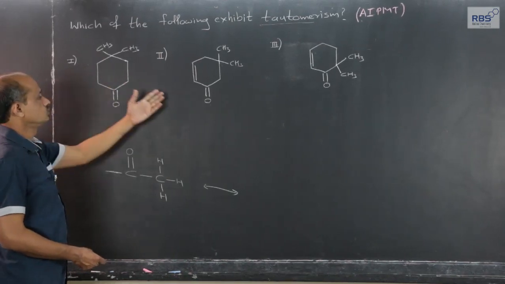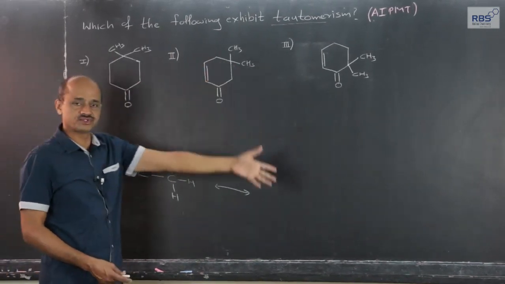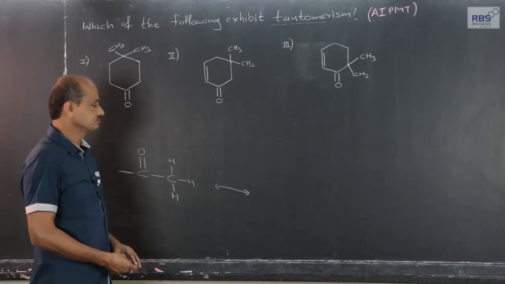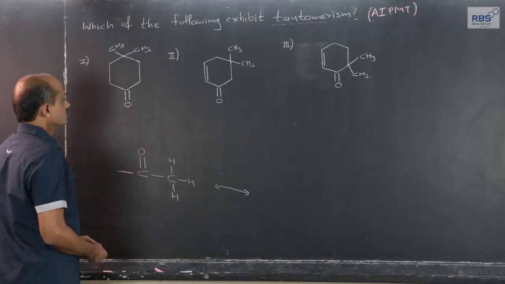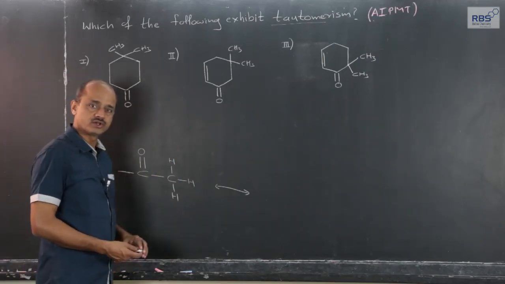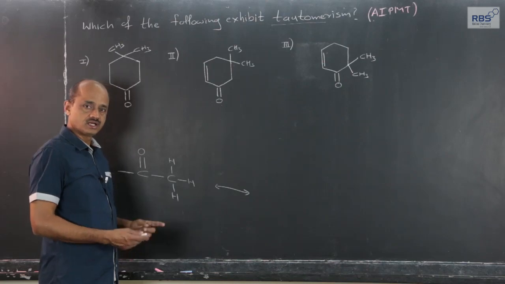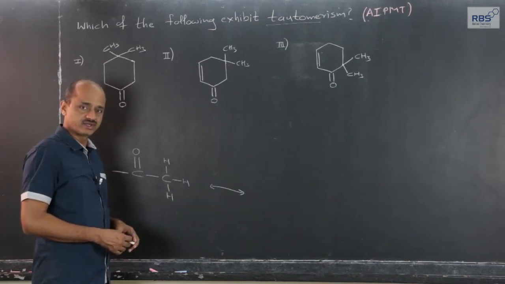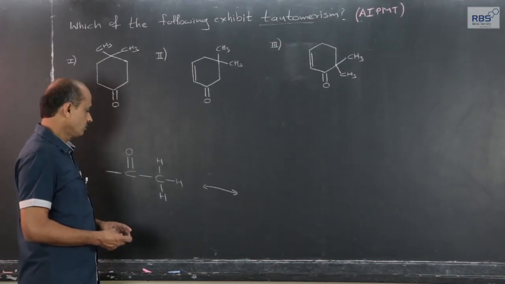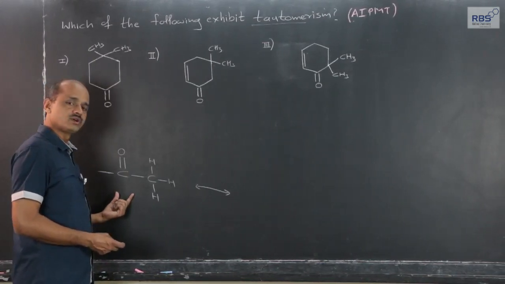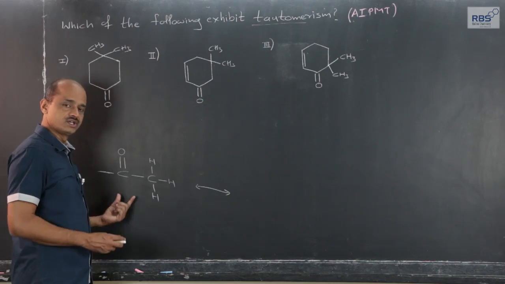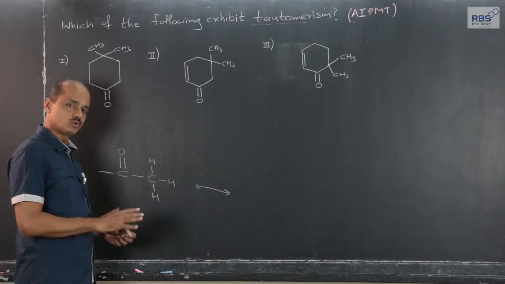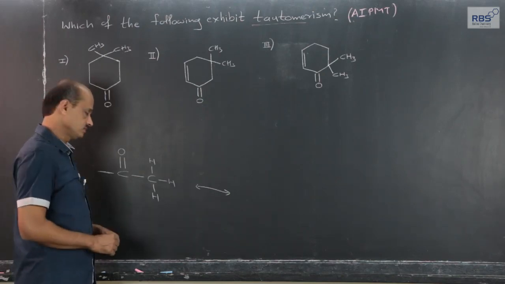Whether only one, two or all the three, the four options, you will directly go for the answer. Tautomerism is a general terminology, and keto-enol tautomerism in it is a specific terminology. Although the word keto is used, it is applicable to aldehydes and ketones both.